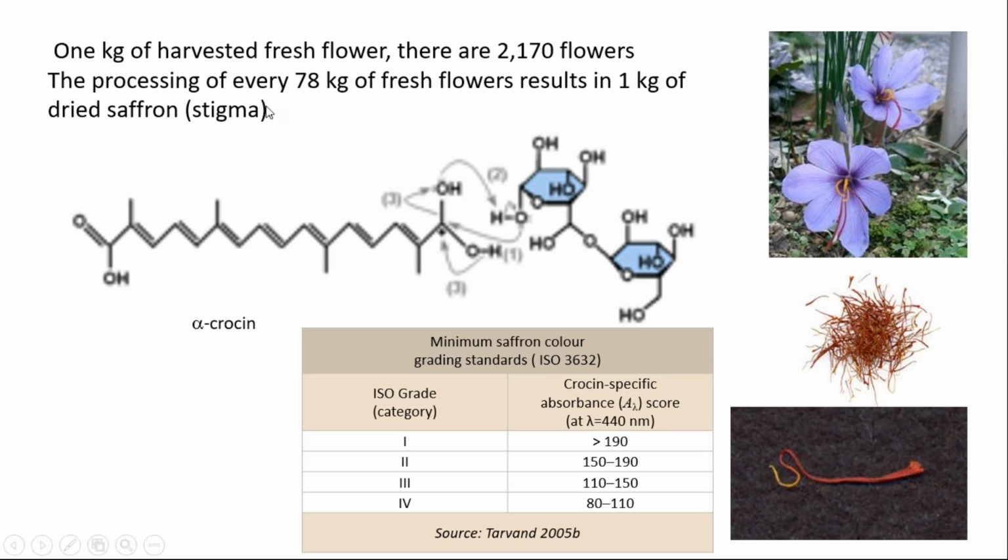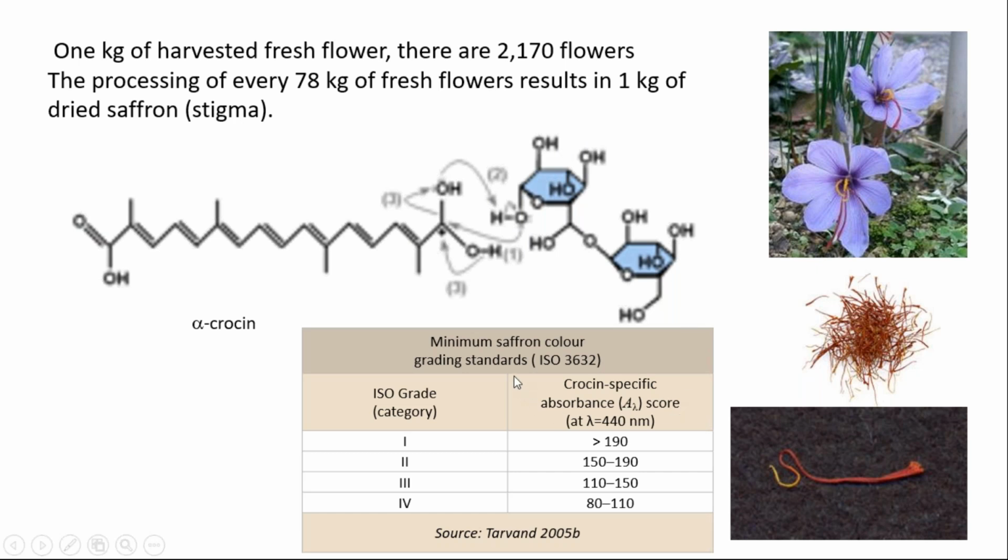It is very expensive because 1 kilogram of harvested fresh flowers contains 2,170 flowers, or 2,170 gynoecia, and for the processing of every 78 kilograms of fresh flowers, you get 1 kilogram of dried saffron, which explains why saffron is so expensive. Here is the structure of crocin, which shows you the sugar molecules.